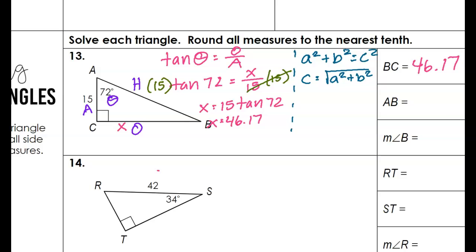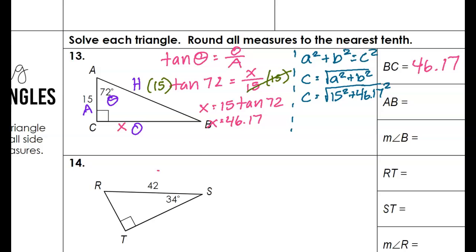So I am going to do the square root of, now because this was already a decimal, I don't need to worry about leaving this in simplest radical form, because it's impossible to do so with a decimal input.